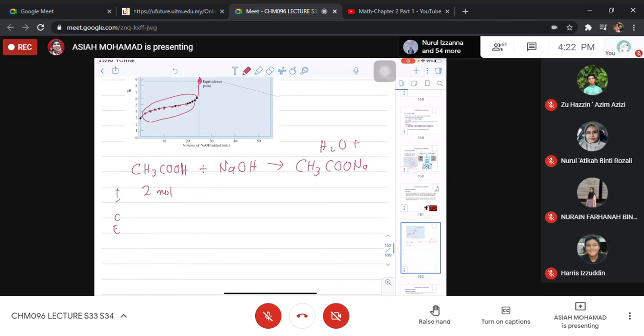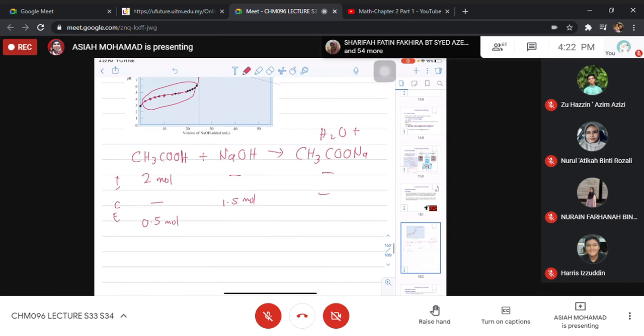Let's say you add 1.5 mol of sodium hydroxide. Then there is 0.5 mol left for acetic acid, but nothing left for sodium hydroxide.